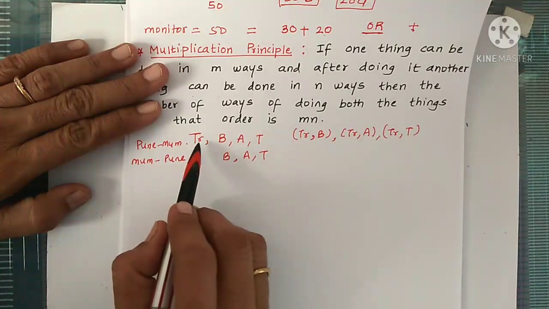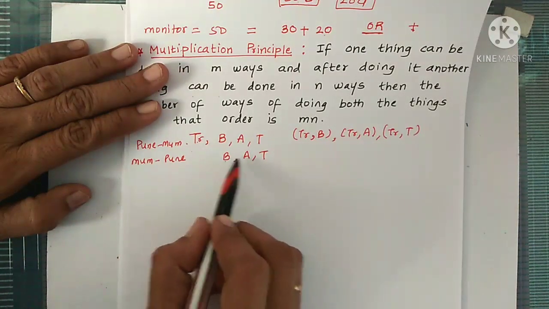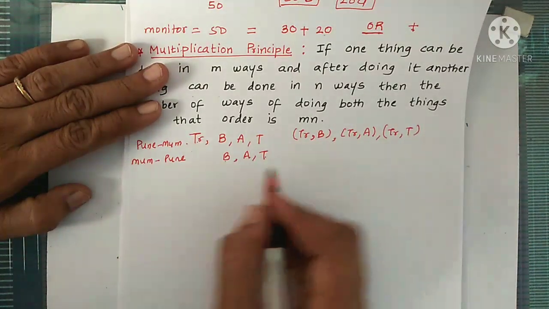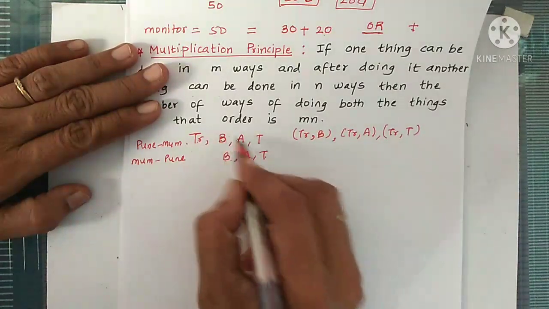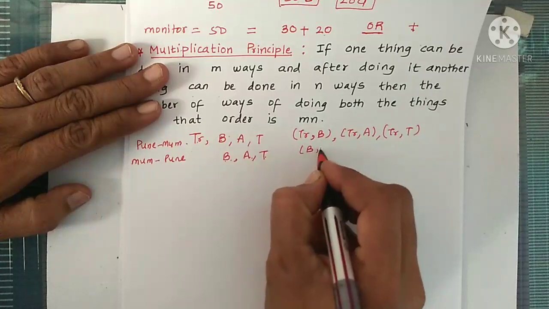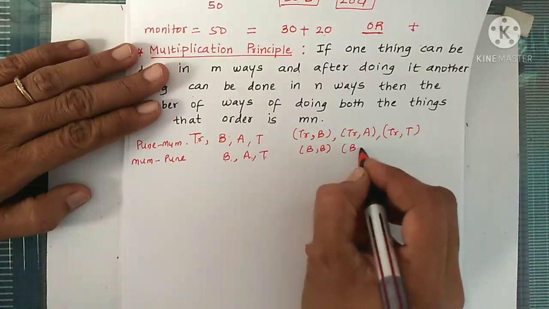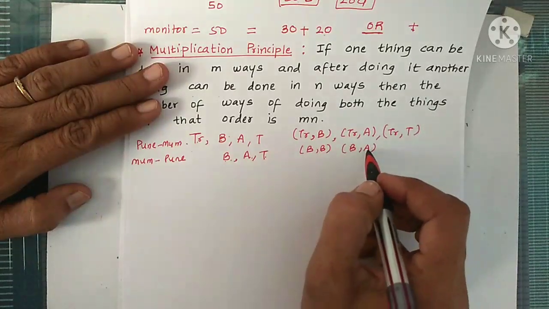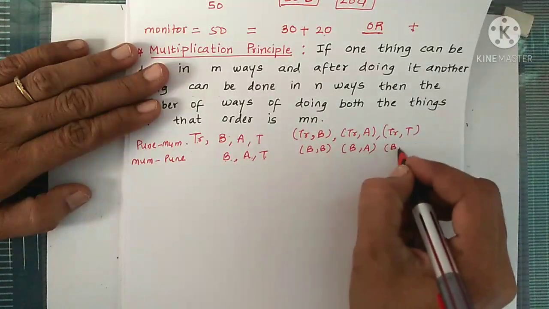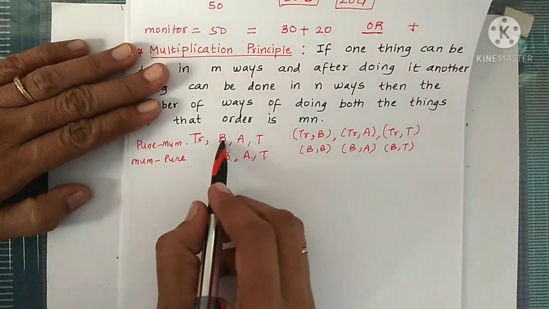Okay, so I have fixed this first one and varied the second one. Similarly, the second one will be BB, BA, BT. That means he goes by bus and comes back by aeroplane, and then BT. So here this B is fixed.